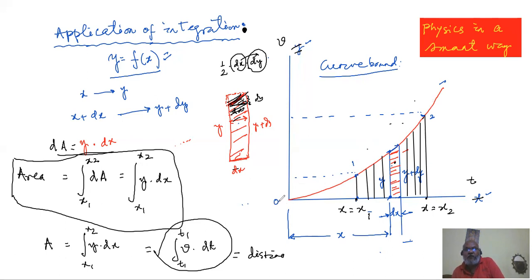If the speed would have been the same, then the graph would have been a straight line parallel to the time axis. Because it's a curve, speed is changing. So when speed is changing, if I try to find the distance, I cannot apply the formula v into t or v into delta t. That will be seriously wrong.